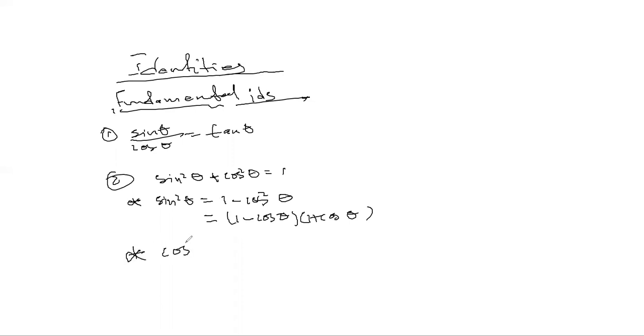Also, if I make cos squared theta the subject of the formula, then it is 1 minus sine squared theta, which is also a difference of two squares, and I can factorize this into 1 minus sine theta into 1 plus sine theta.